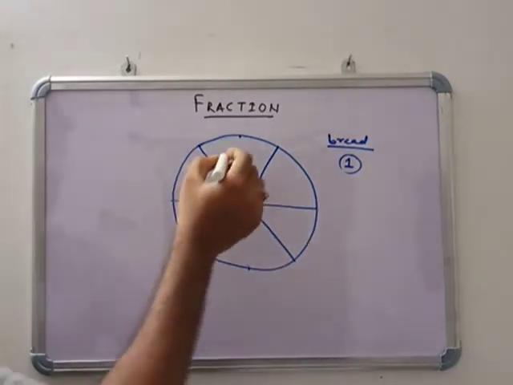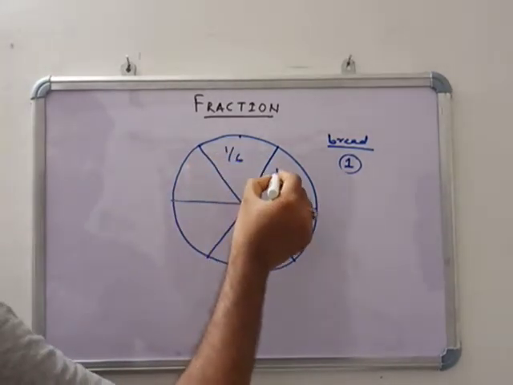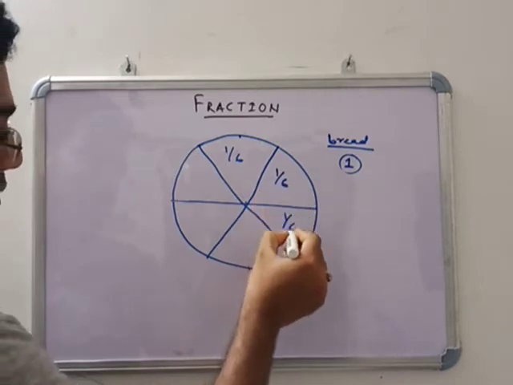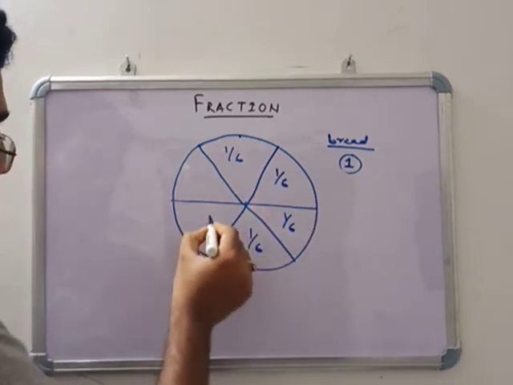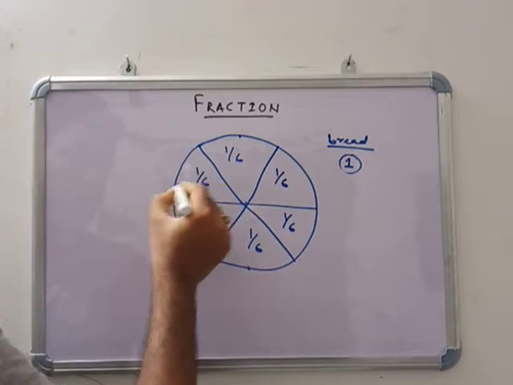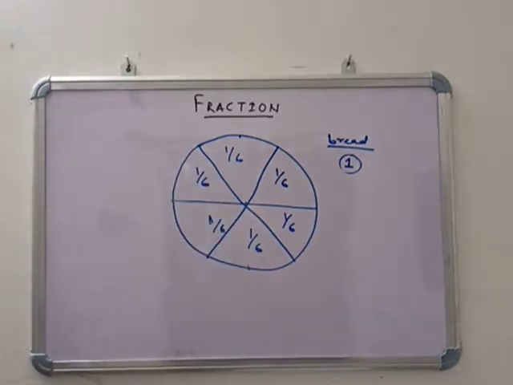So all the parts are 1/6. So that means if a thing is divided into some equal parts, then we get fractions.